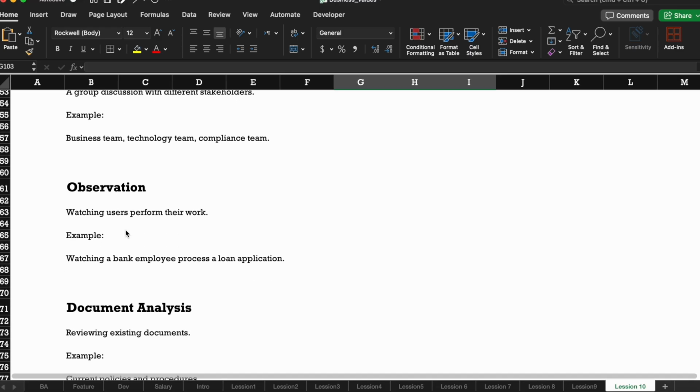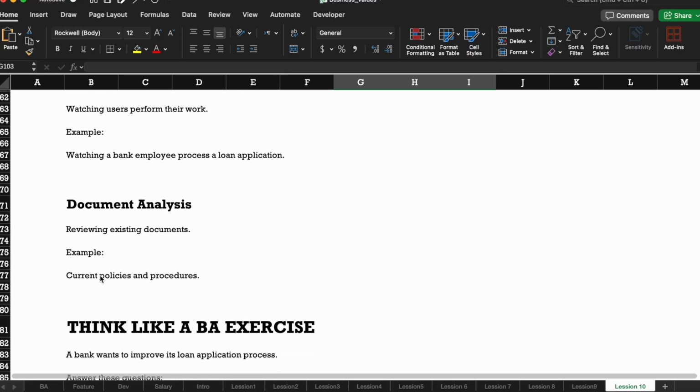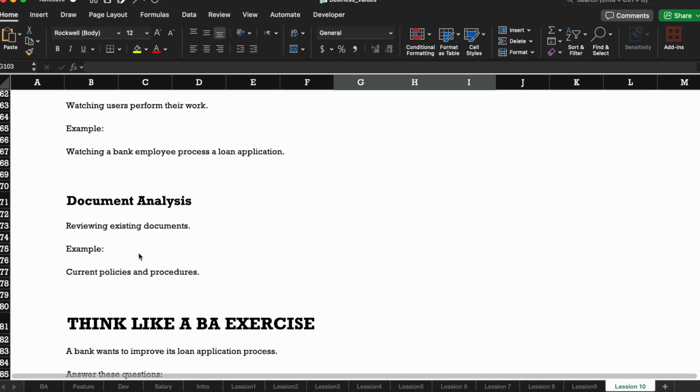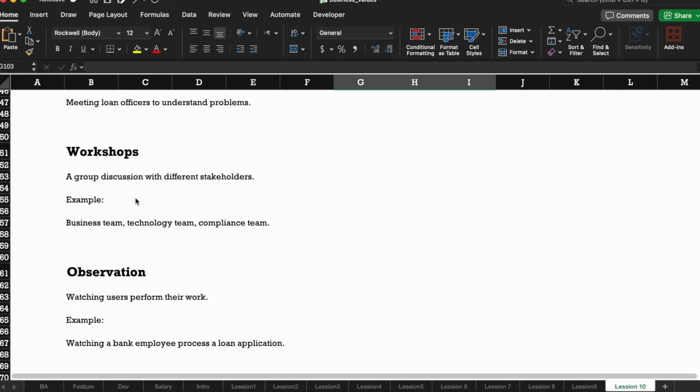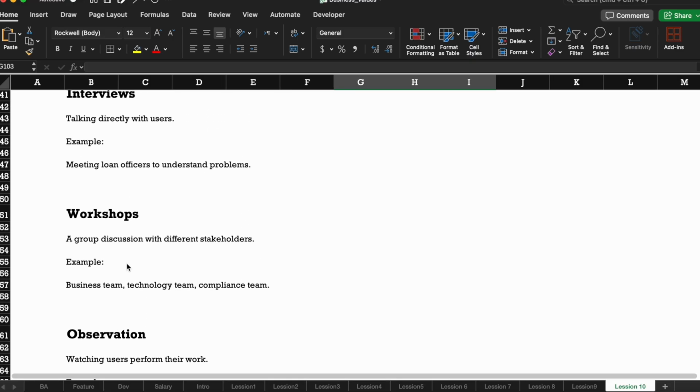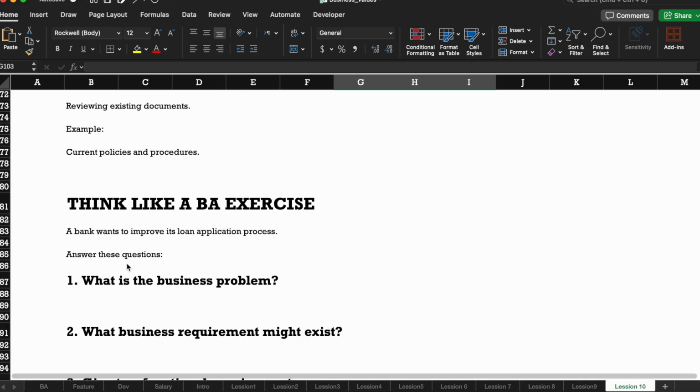Then you can come back to document analysis and read the documents, so you will get a better understanding. I'm not saying that you cannot learn from documentation. You can, but if you see what they are actually doing, that is more effective for understanding the process.